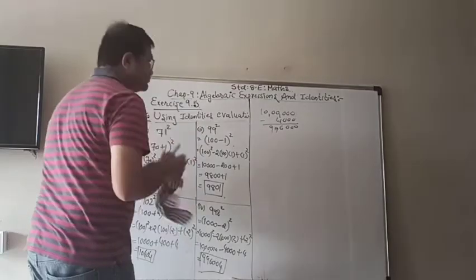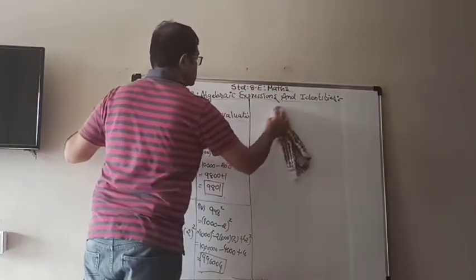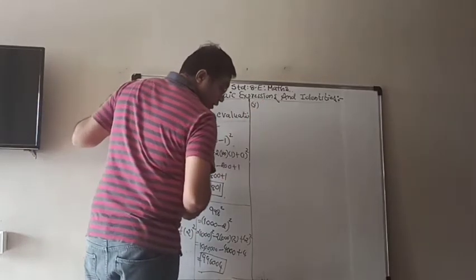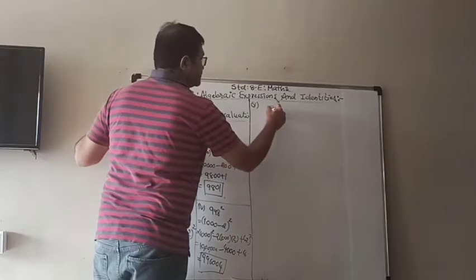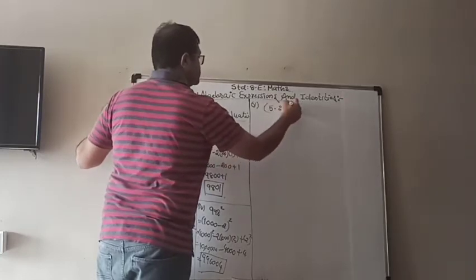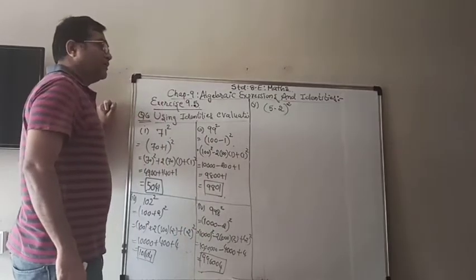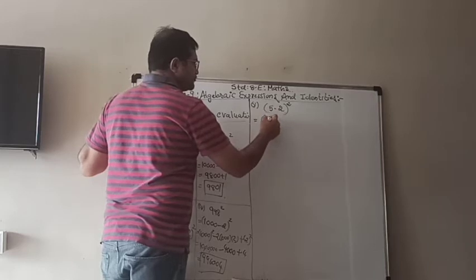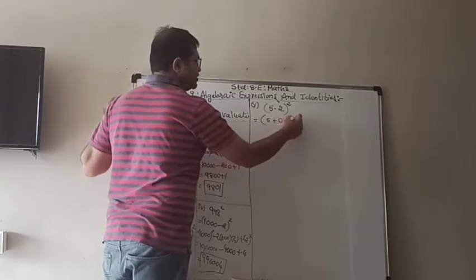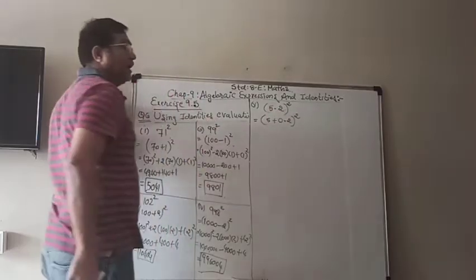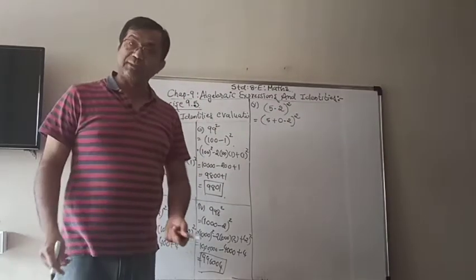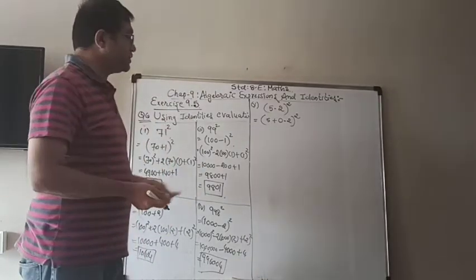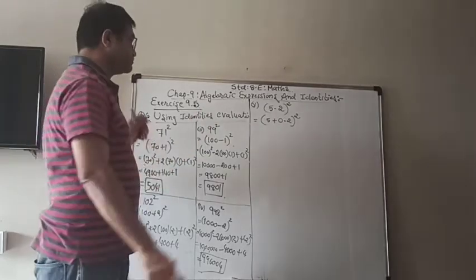Next one, fifth one. 5.2 whole square. So now here it can be separated as 5 plus 0.2 whole square, the whole part and the decimal part. We can separate to make the square, and then you can use the same first identity, if it is plus then first, otherwise second.